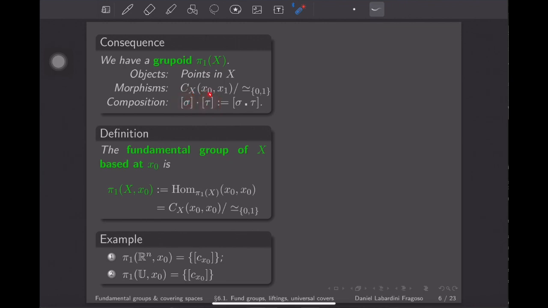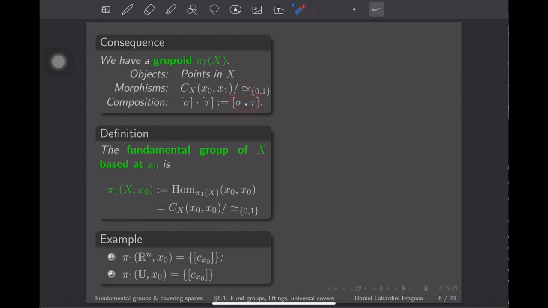And the composition in this category is given by, you see, if I have 2 equivalence classes, and the curves in the first equivalence class end precisely where the curves in the second equivalence class begin, then the composition is defined in terms of any representative. So I take any representative here, concatenate, and then take the corresponding equivalence class, from the beginning point of any representative of the first one to the end point of any representative of the second one.